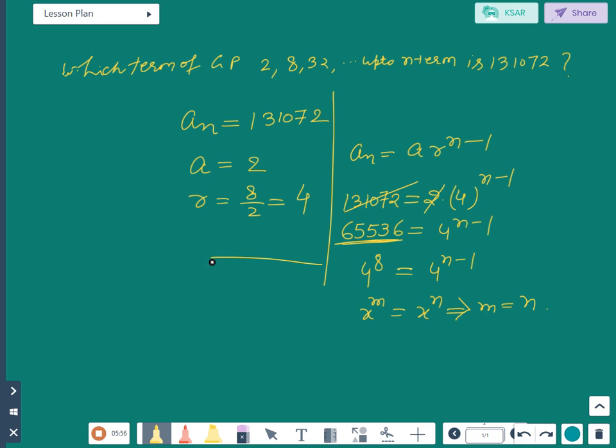According to this law, 8 equals n minus 1 and n equals 9. The question is which term; कौन सी term इस GP की ये होगी, तो आपको बताना है the 9th term of this GP will be 131072. Is it clear? Right? Now come on to the next question.